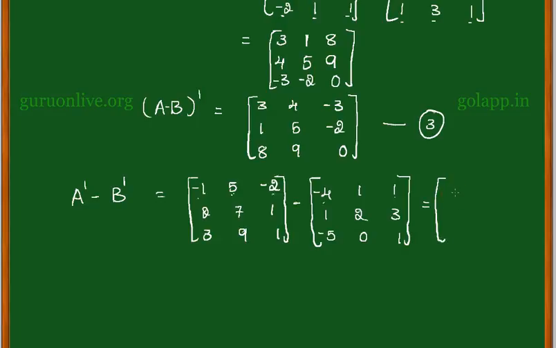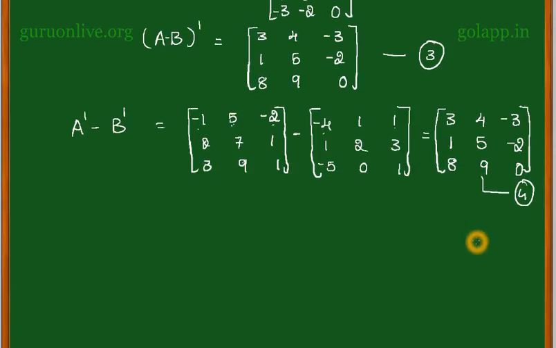Subtracting these two, we get minus 1 plus 4 is 3, and we have 5 minus 1, which is 4, and we have minus 2 minus 1, which is minus 3, and we have 2 minus 1, 1, 7 minus 2, 5, 1 minus 3, minus 2, and last row is 3 minus of minus 5, which is 3 plus 5, 8, 9 minus 0 is 9, 1 minus 1 is 0. So call this as equation 4.